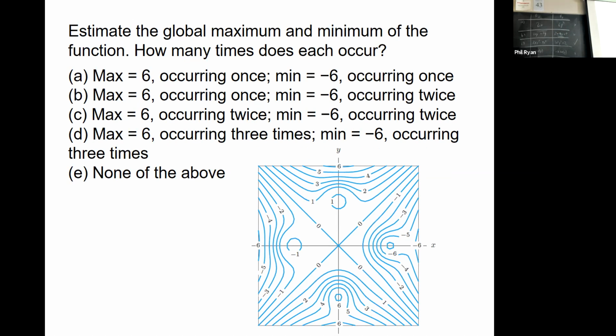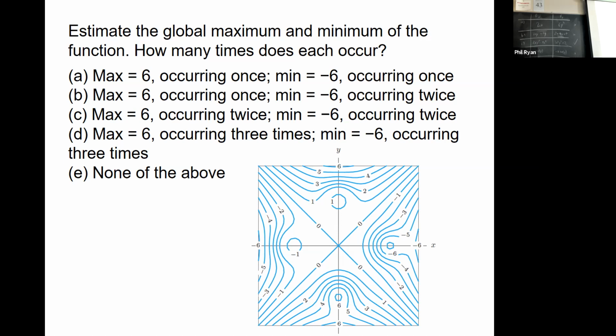Okay, so here we've got a contour map, and we want to know if there's a max or min. Okay, so we can see that the highest contour is 6 and the lowest contour is -6.